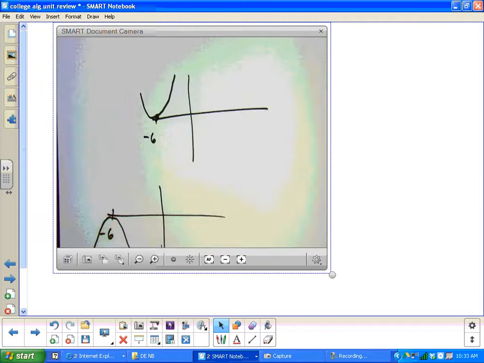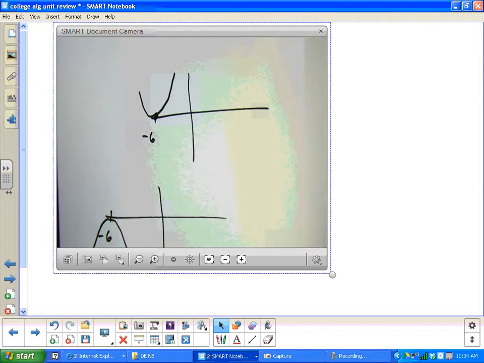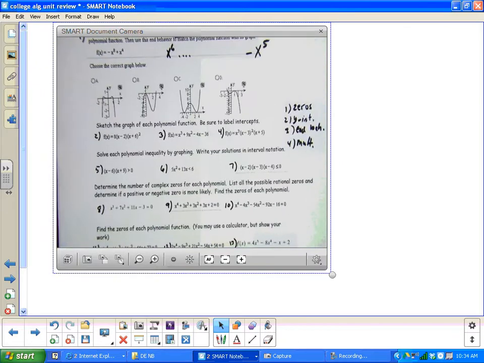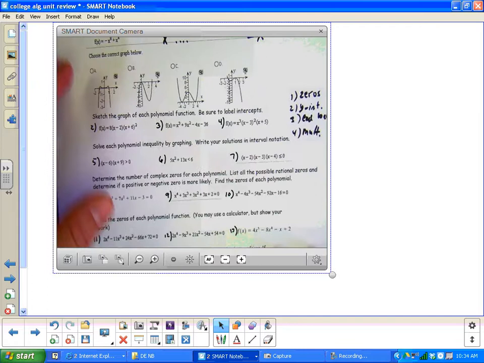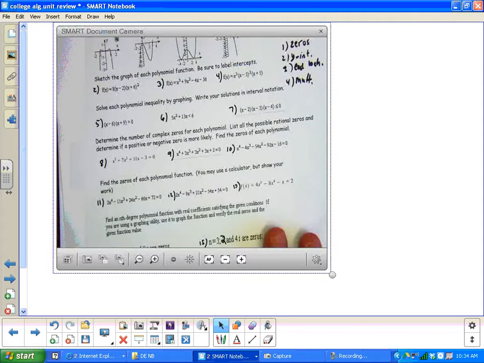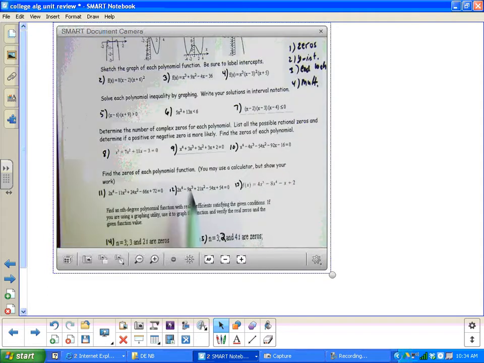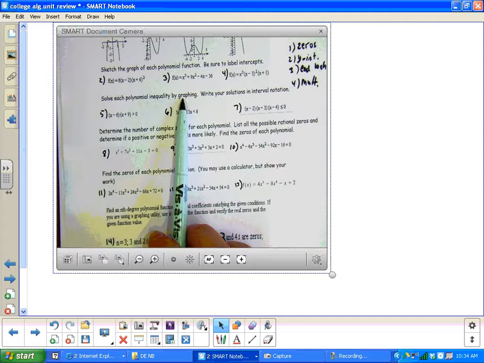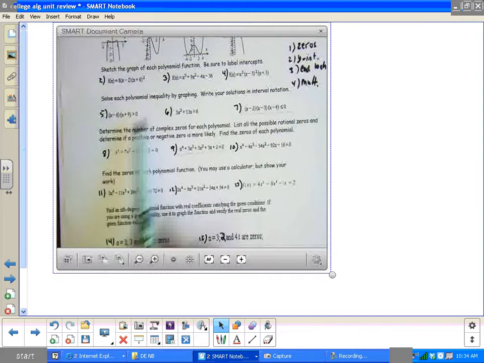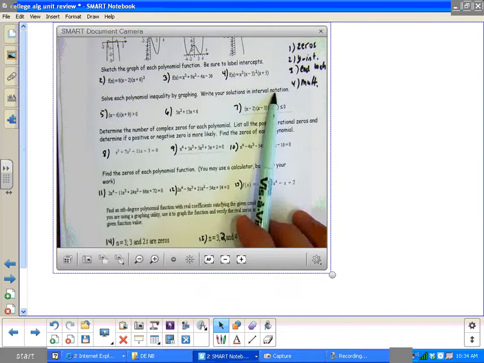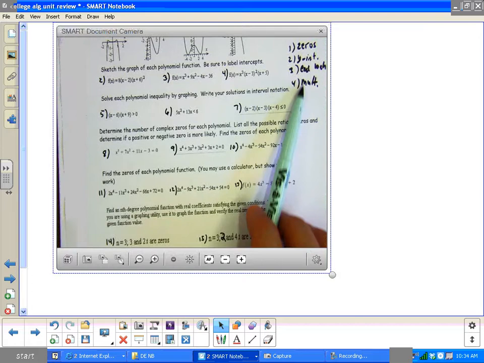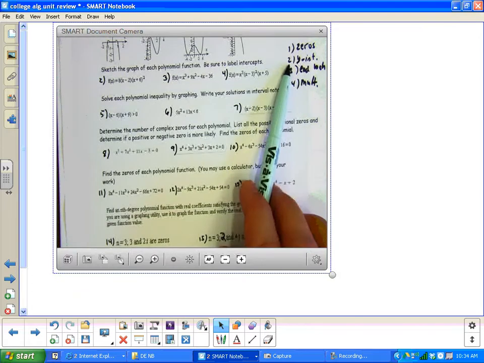Okay. Now, all right, let's look at the inequalities. This one says you're going to solve it here by graphing. So we're going to graph this as a function and then write the solutions in interval notation. So we use all the same stuff, except for on these, you don't have to include the y-intercept. All right.